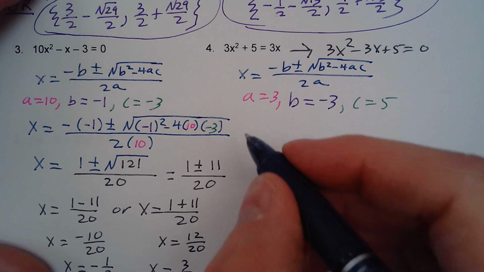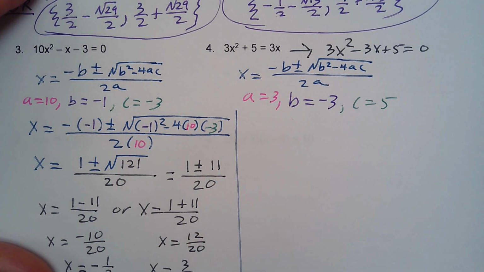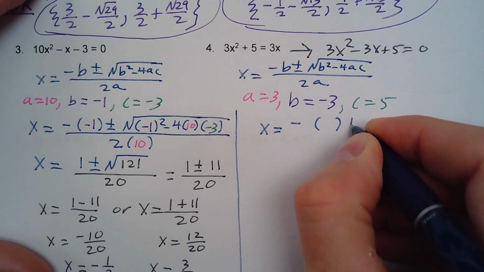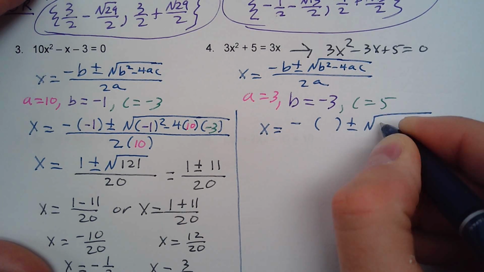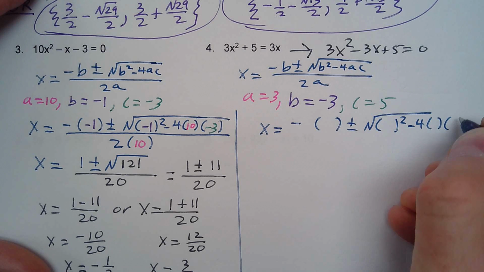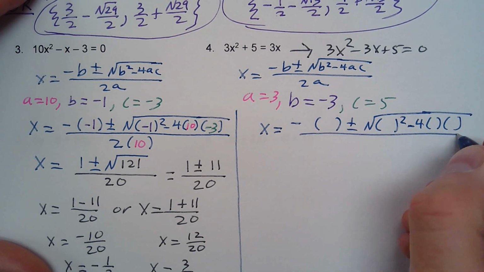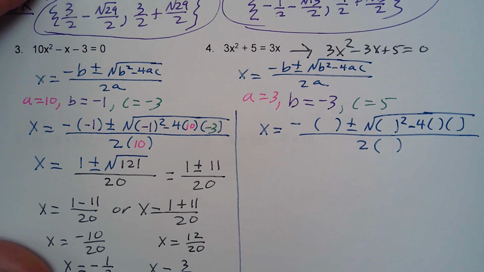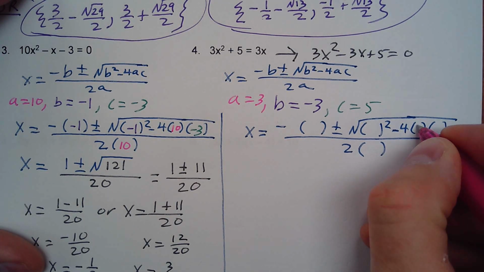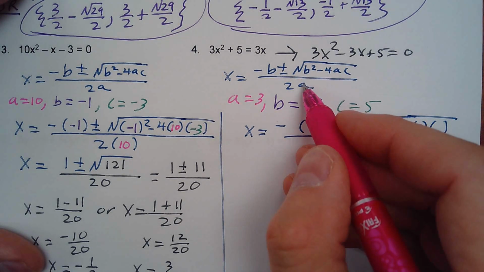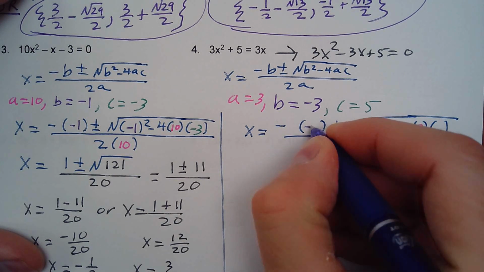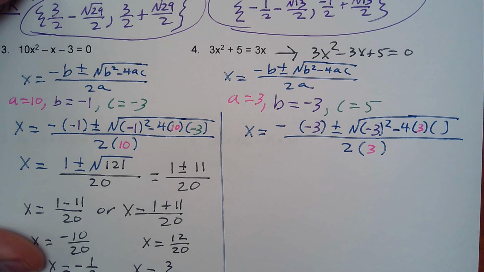And so we're going to pull out the quadratic formula. Let me just draw a line so it doesn't blend in. Okay, so plug in A equals 3. That's going to go here and here. Just identify them up here. I'm going to plug in B equals negative 3. C is 5.